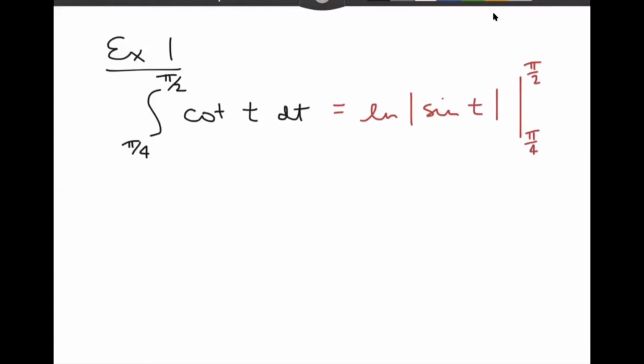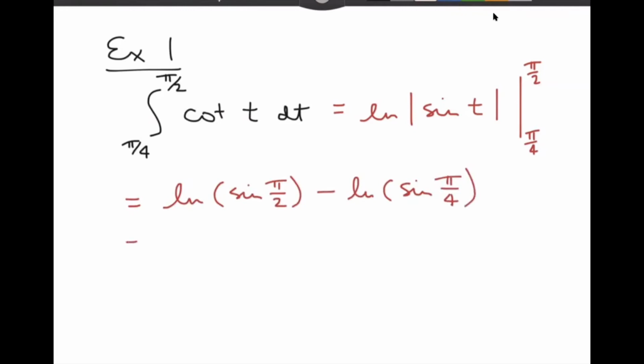And by the way, sine pi over 2 and sine pi over 4 are both positive, so we can ignore those absolute values. Let me show my work here. Sine pi over 2, sine pi over 4. The sine of pi over 2 is 1. And the sine of pi over 4 is root 2 over 2.